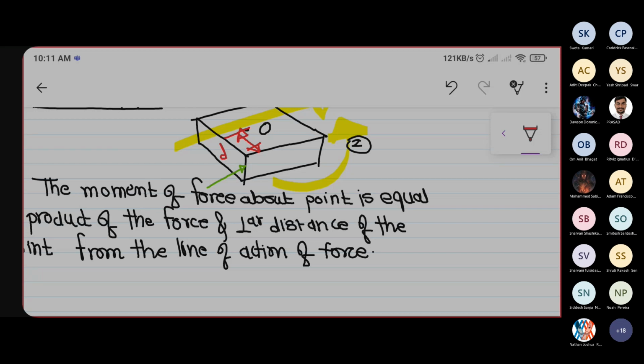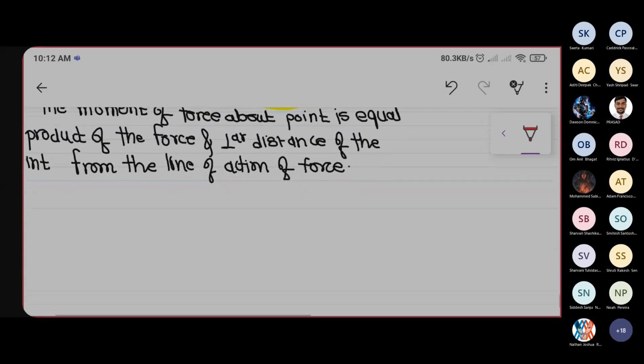Okay, distance is d, and this force is F. We can draw a simple diagram: this is the force, this is point O, and the distance between them is d.